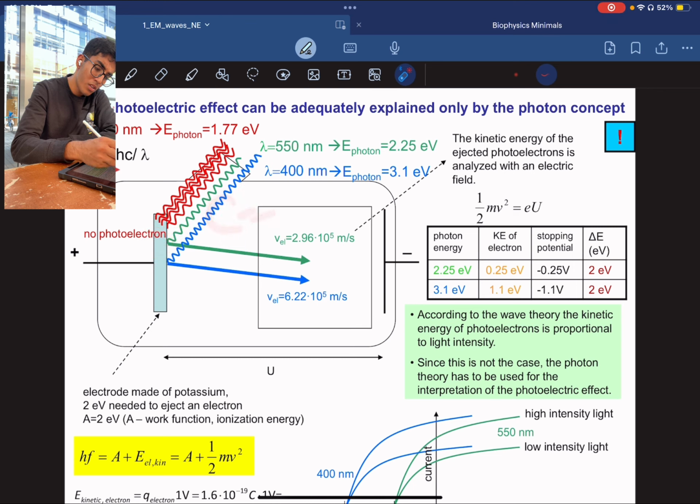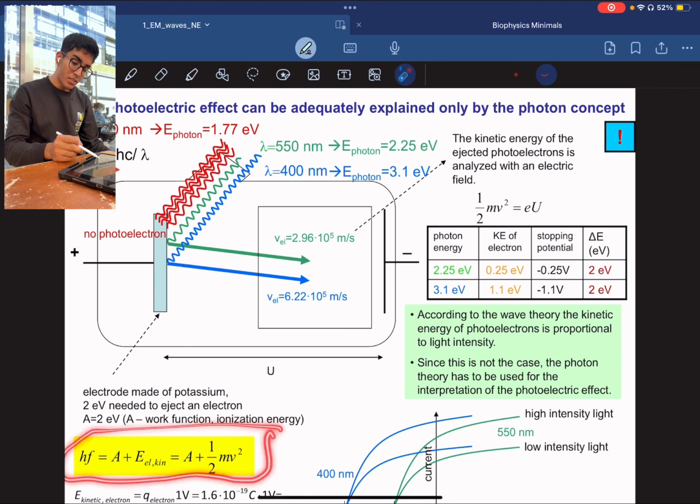So c is equal to frequency times lambda, so f is equal to c by lambda, and that's exactly what we do here. That is us understanding how light interacts as a particle.